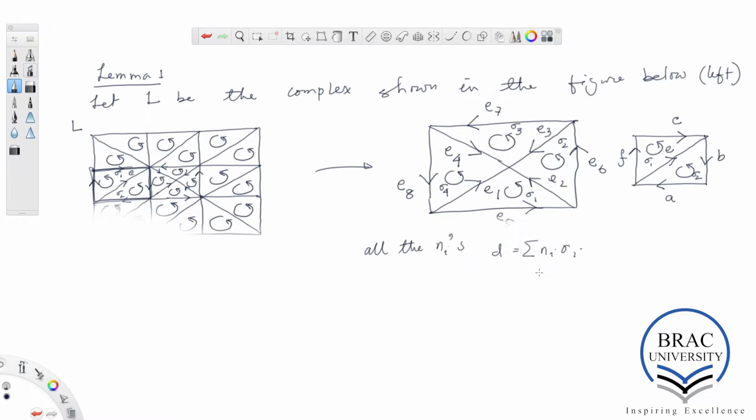All right, in other words, D is an integral multiple of this 2 chain, the sum of sigma i's. Okay, good. So this way we prove the second part of the two statements.